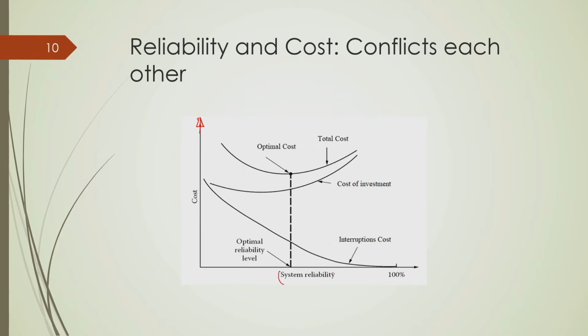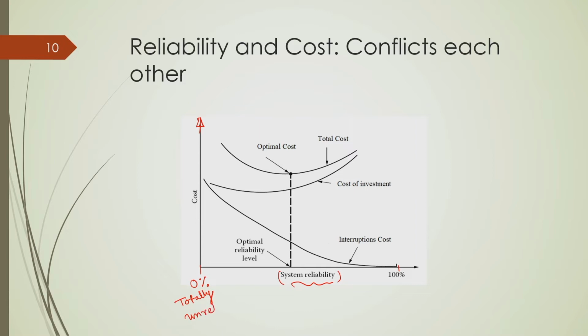Suppose this system reliability is represented by some index whose 0% value means it is totally unreliable and 100% value means it is fully reliable.